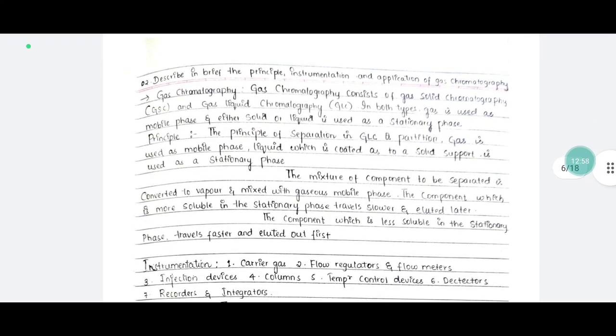The second question is: describe in brief the principle, instrumentation and application of gas chromatography. What is gas chromatography? It consists of gas solid chromatography, that is GSC, and gas liquid chromatography, which is GLC.